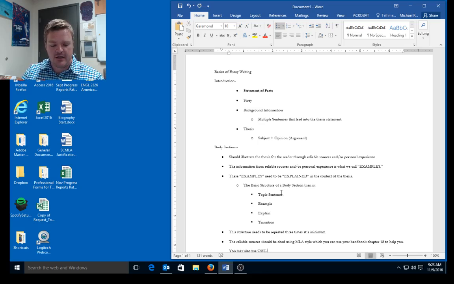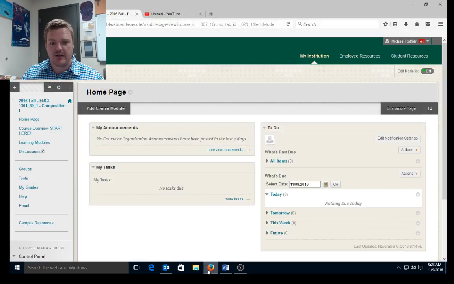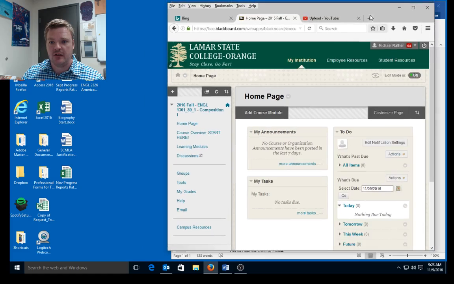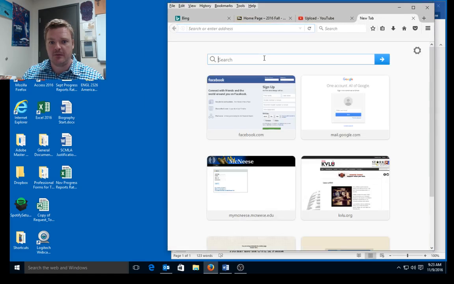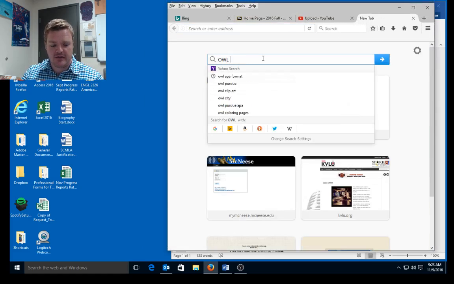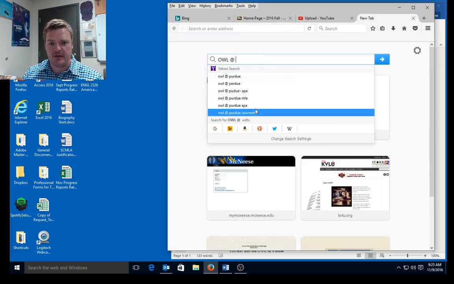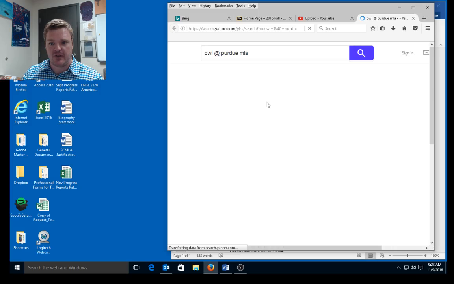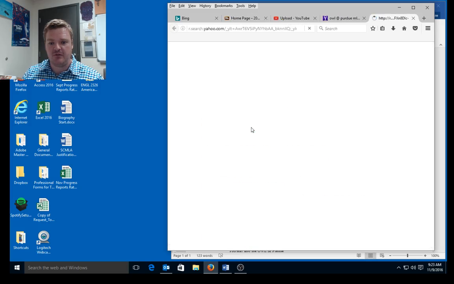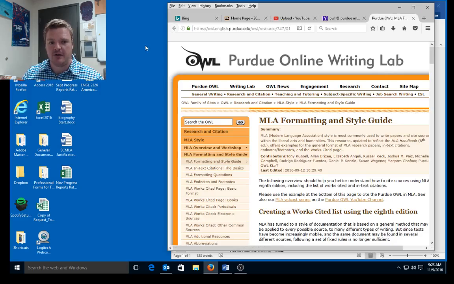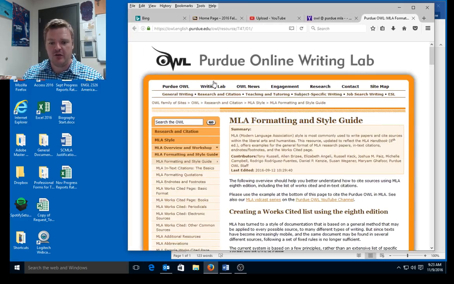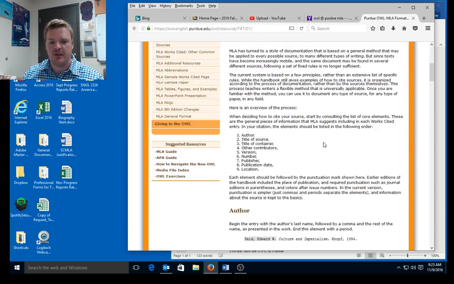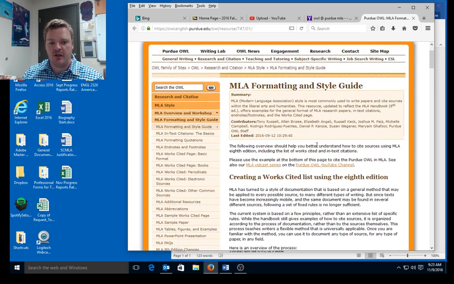OWL at Purdue. So just to show you that again real quick, if you forgot, you just put in OWL at Purdue MLA, because we use MLA format, and everything you need to know how to do MLA format, including how the paper is supposed to look and the guidelines for the paper, is all here.